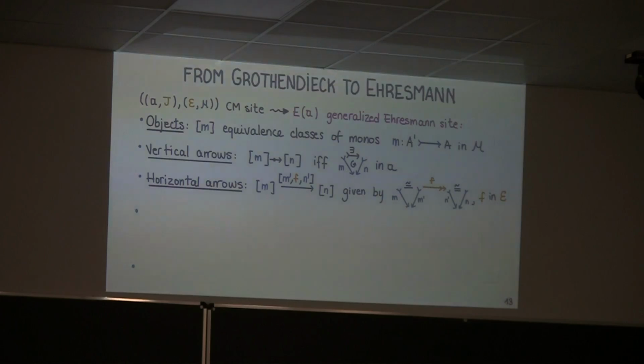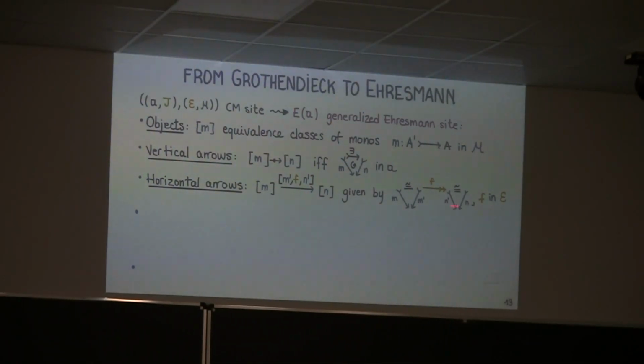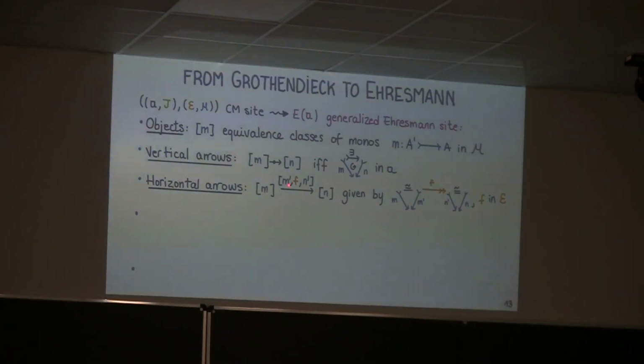Horizontal arrows are given by equivalence classes of things like this, where my M prime is something related to my M, my N prime is something related to my N, and then they are connected like this to an arrow in the left class. And see that we can actually always consider the N prime to be equal to M, and then we take the arrow to be the horizontal composite here.